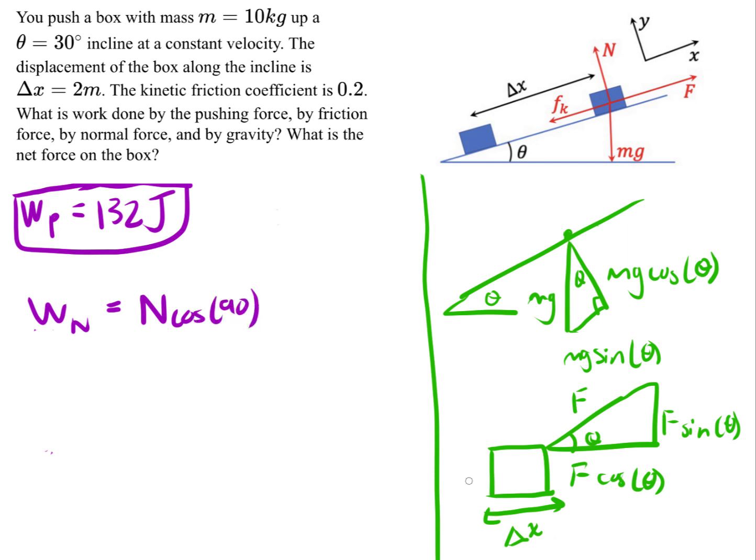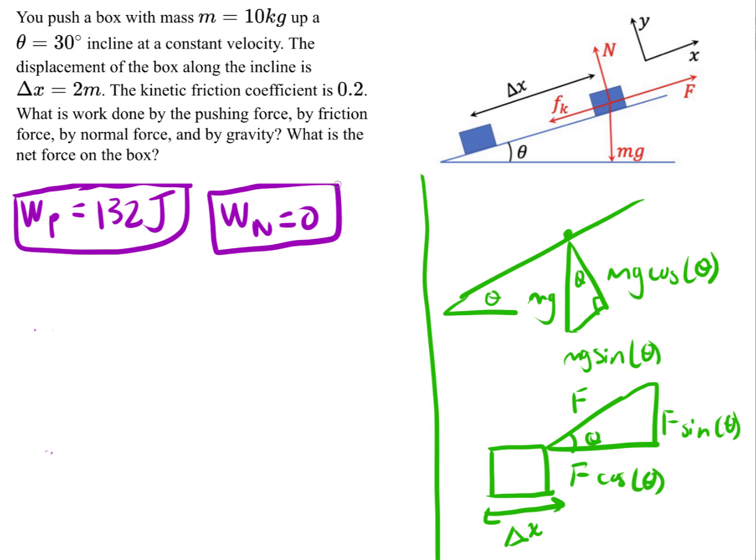Since it's acting at a 90-degree angle, and we need the part that is parallel to the incline at that 90-degree angle. And then we're going to times in the displacement, which is 2 meters. Now, we don't even need to solve this, since the cosine of 90 degrees is just 0. So the whole thing simply evaluates to 0. So then the work done by the normal force is equal to 0.